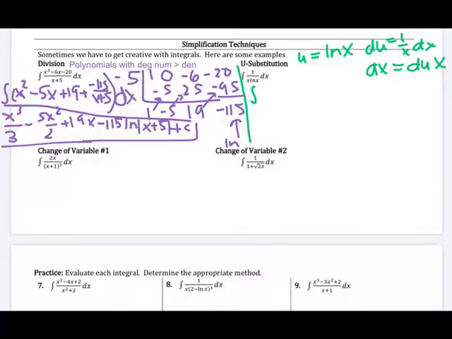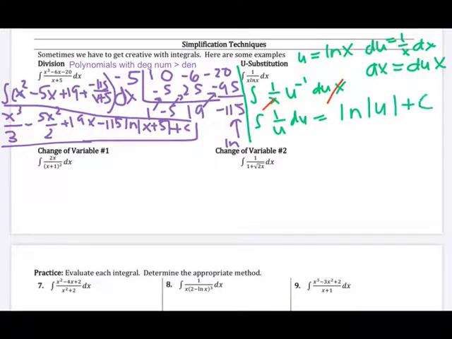So this is going to become the integral of 1 over x times u to the power of -1 times du x. So these x's are going to divide out. So I'm going to get u to the negative first power, or even just the integral of 1 over u du, which is natural log of the absolute value of u plus c. And don't forget to plug back in what your u was to begin with, which was natural log of x.